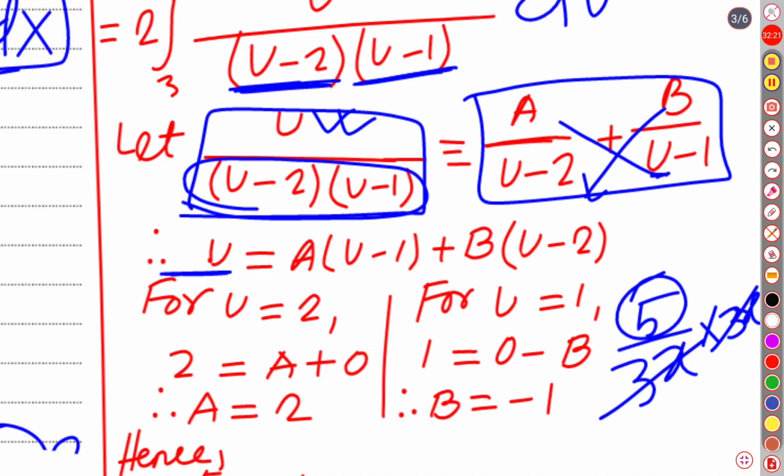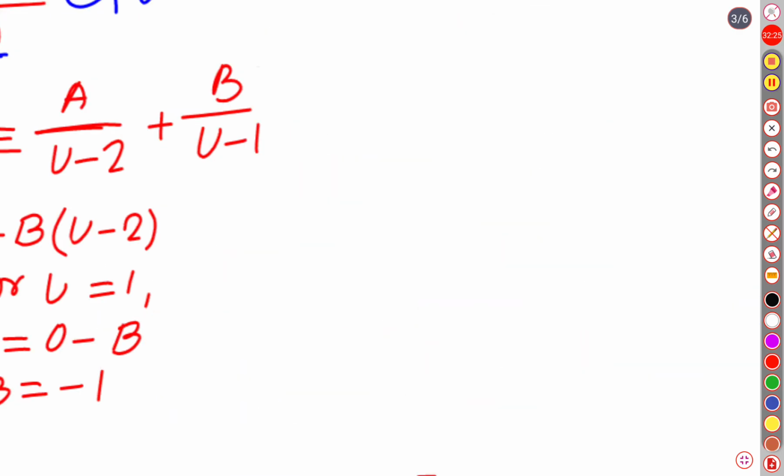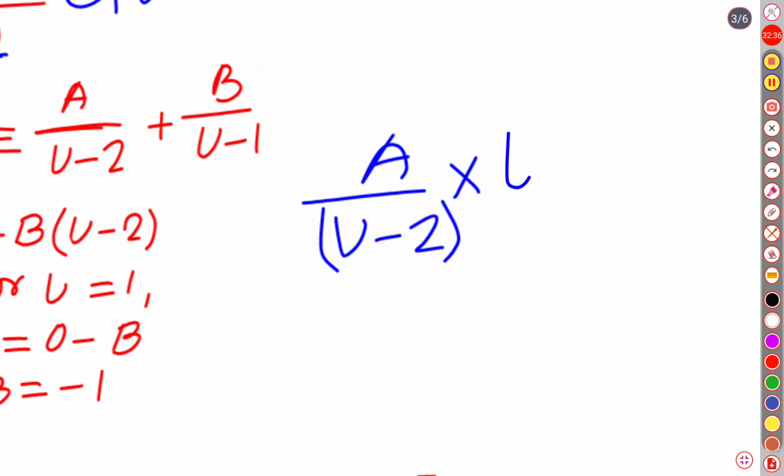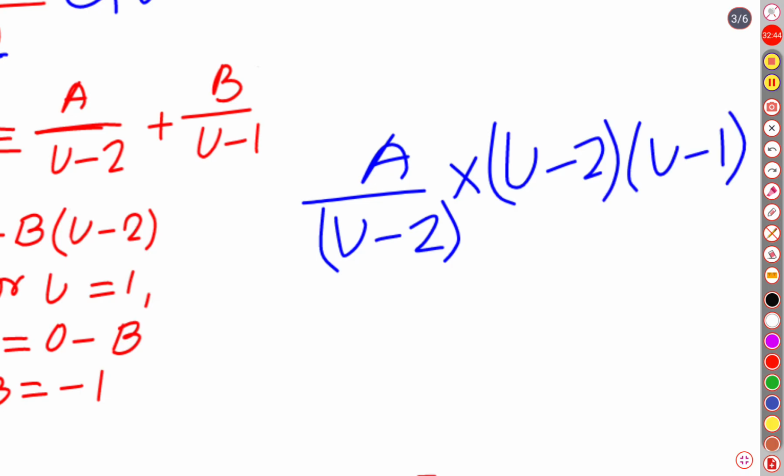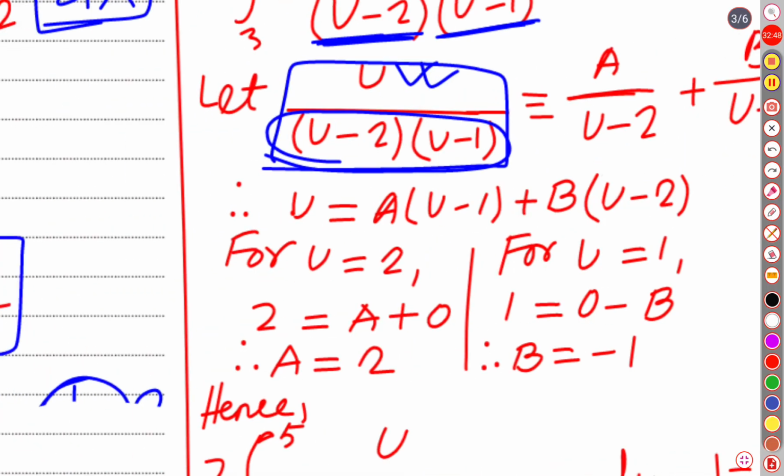Let me explain. Our a over u minus 2. Now if we multiply this one with u minus 2 into u minus 1, look at this, the whole denominator is being used for multiplication.